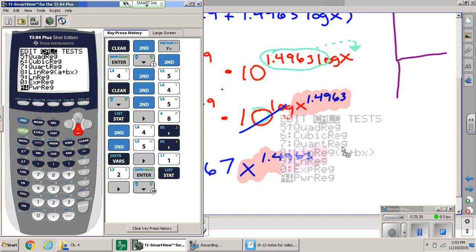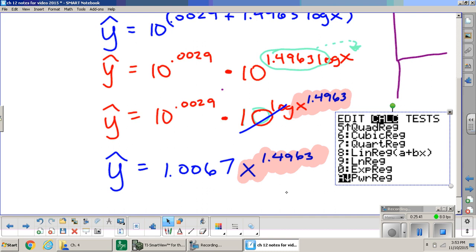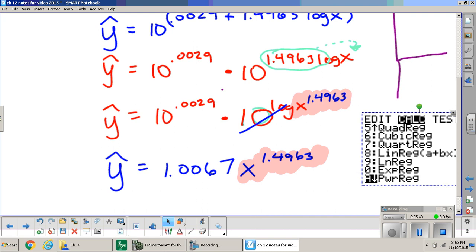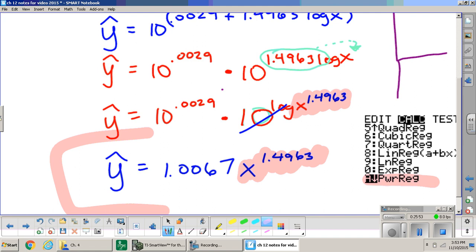So on my calculator, it's A. Choose power regression. When you do power regression and use your original data, so L1 and L2, you're going to get this equation right here. And that's how you know for sure we have solved this correctly, everything's fine and perfect.